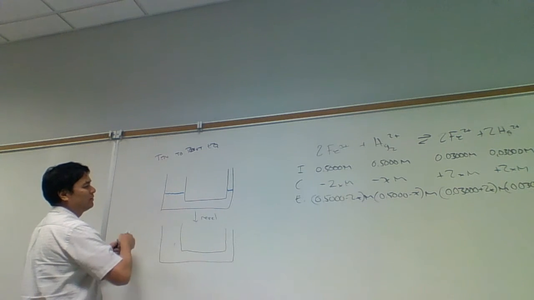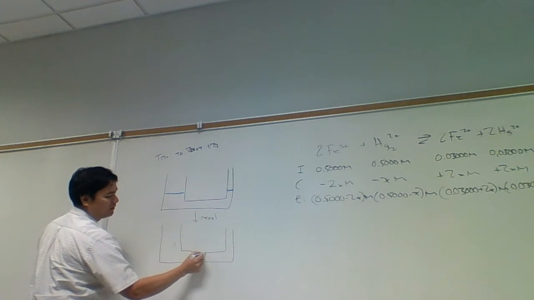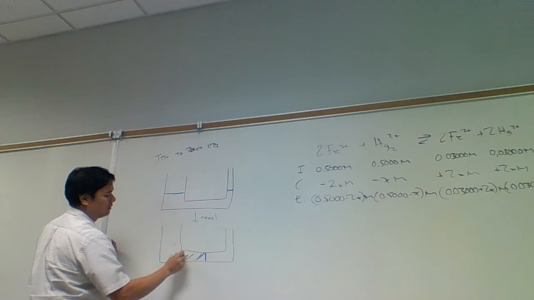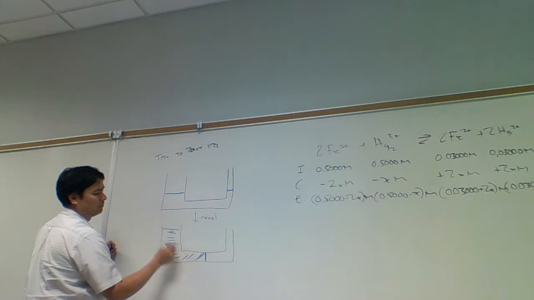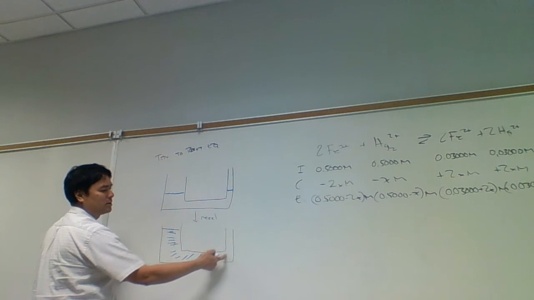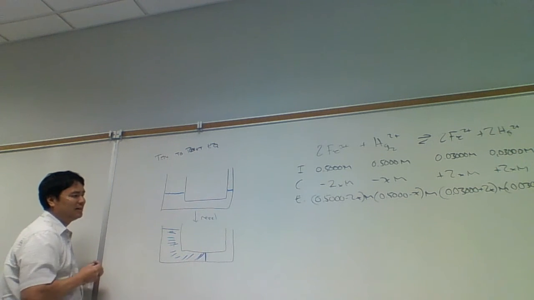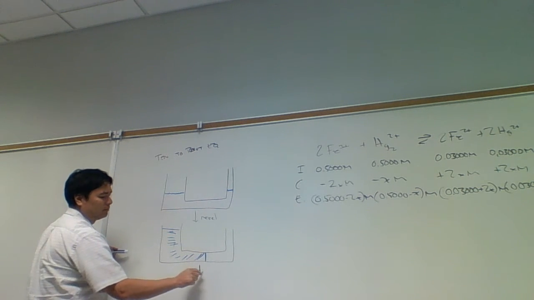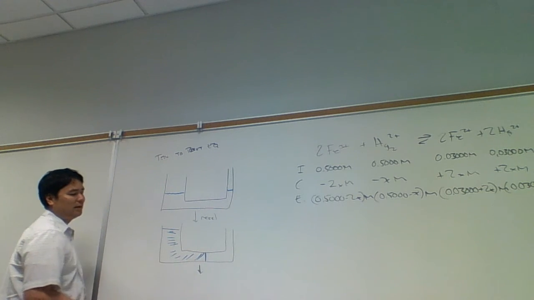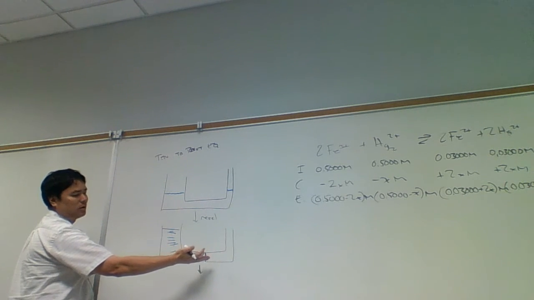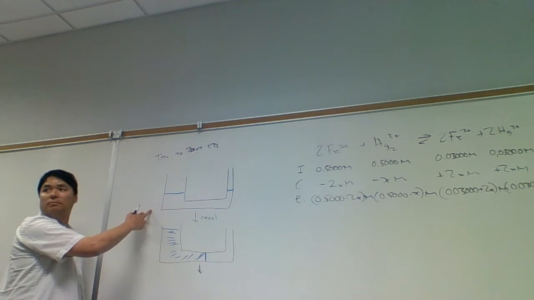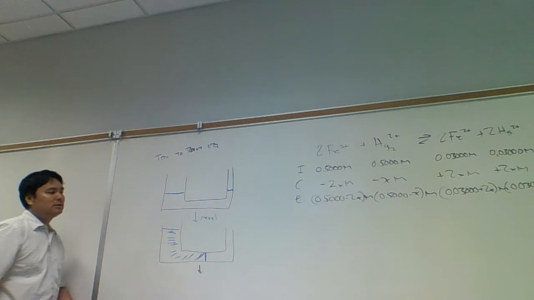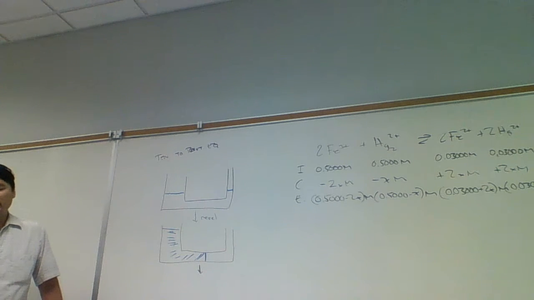So rather than having 45 and 5, I'm going to have 50 and 0. There'd be no water on this side. And then I'd let it equilibrate. It's obviously going to shift to the right. Will I reach the same equilibrium? Yeah. This is the whole idea about resetting.